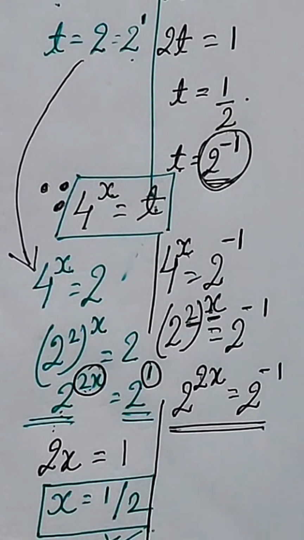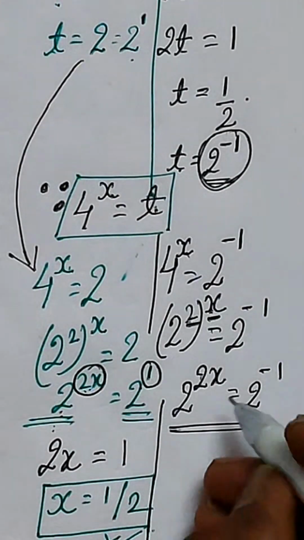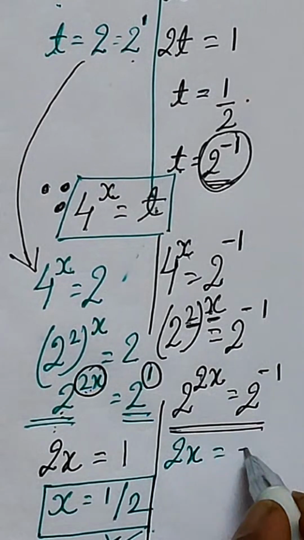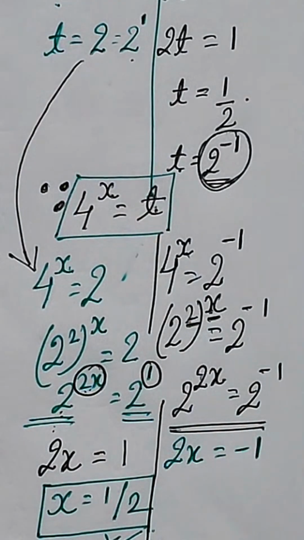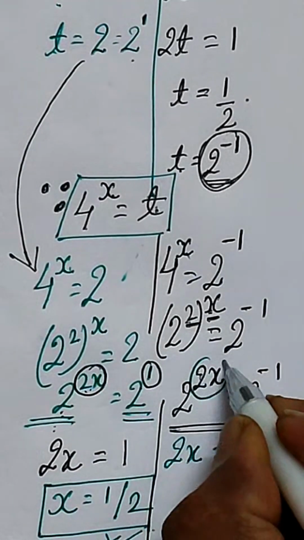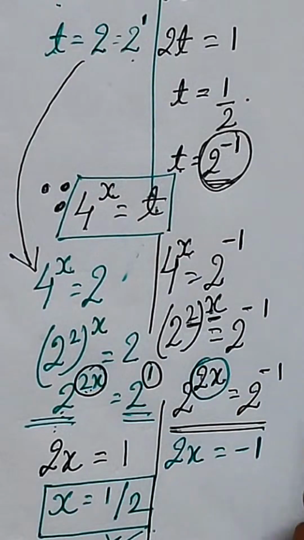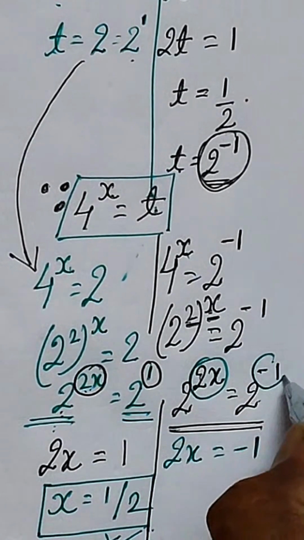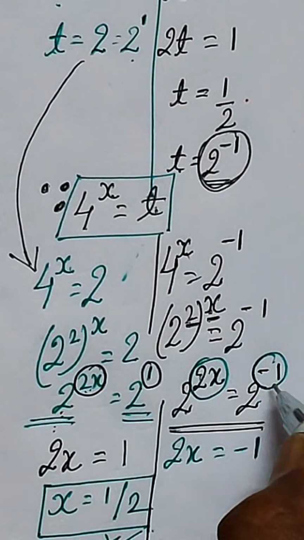So from here we can write 2x is equal to minus 1, because 2x is the exponent on the LHS and the base is same, and minus 1 is the power on the RHS.